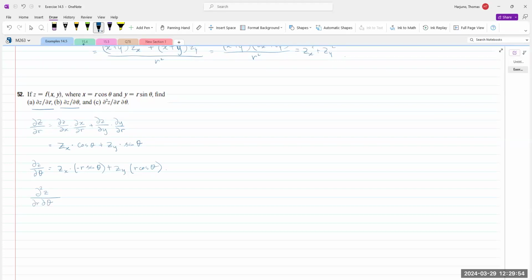Assuming continuity, this is just the same as z subscript theta r, which is the same as z subscript r theta. Okay, so I will use basically c sub r and do the partial with respect to theta.